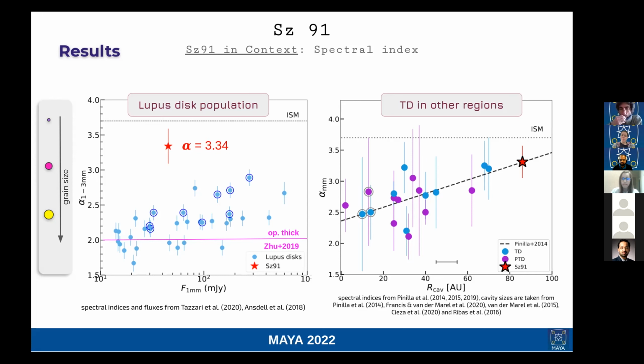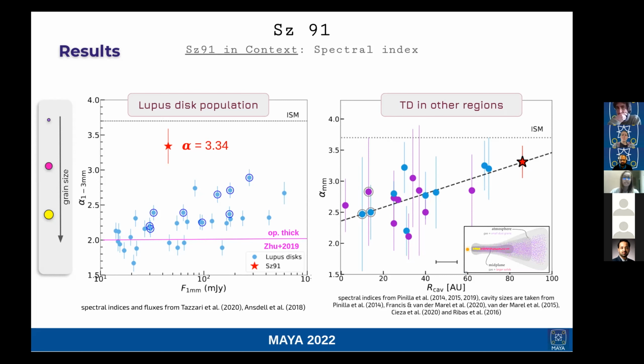They explain this relationship because the emission here is dominated by the dust at the rim of the cavity. If you have wider cavities, then the maximum grain size will be lower, and those particles will feel less radial drift, and then turbulent motions will be the main source of destructive collisions.